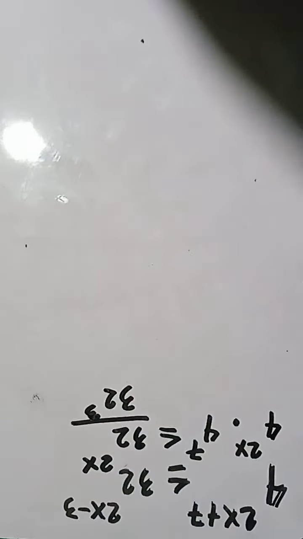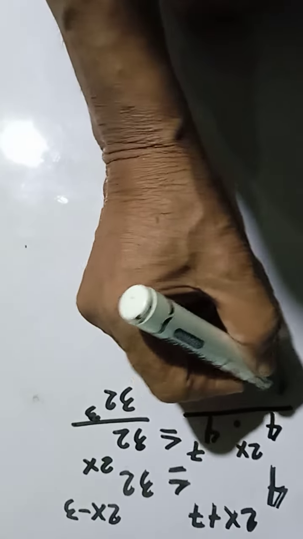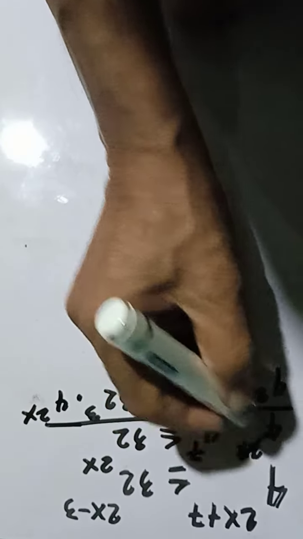Okay, so we divide this by 4 raised to 2x. And so if we divide here 4 raised to 2x by 4 raised to 2x, this 32 has a factor of 4 raised to 2x, so we cancel that one.